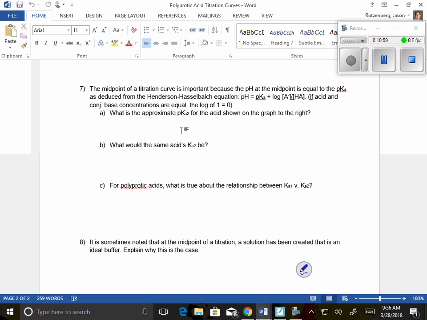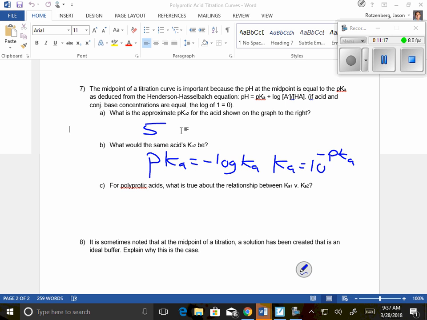Remember, pKa equals the negative log of Ka. In question B, it asks, what's the Ka? Well, the inverse function of this is Ka equals 10 to the negative pKa. And if our answer to 7a was 5, what's the Ka then? 10 to the negative 5th.